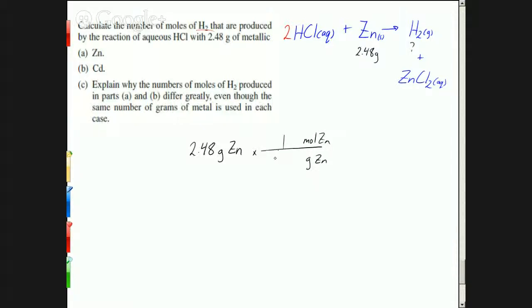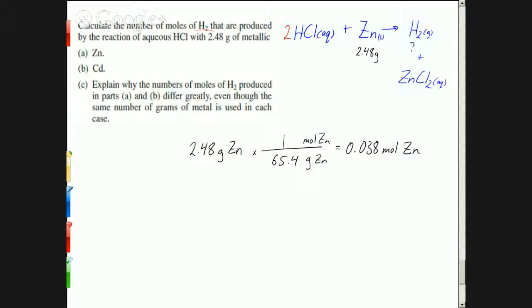So it's, let's say 65.4 grams. And we calculate that out. And that tells us that 2.48 grams gives us 0.038 moles of zinc.